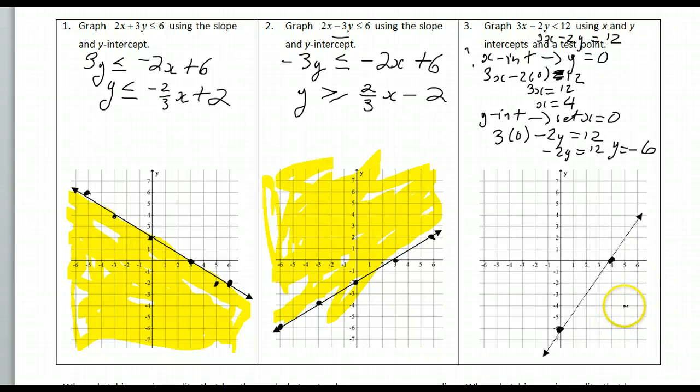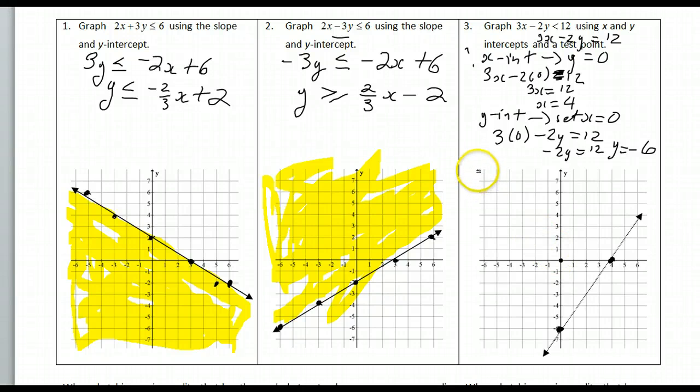Well, the only way for us to know, since we're not in slope-intercept form, where we have y is greater than or equal to, or y is less than or equal to, is that we have to pick a test point. And I like the point 0, 0. So either 0, 0 is part of the solution, or it isn't, just as we did in the table on the other page. So let's find out.